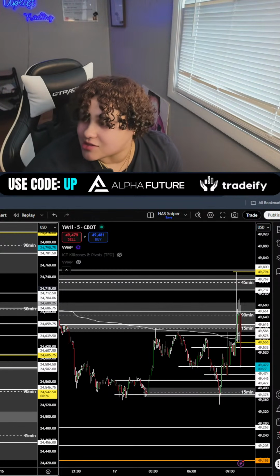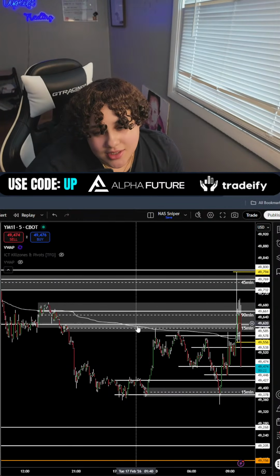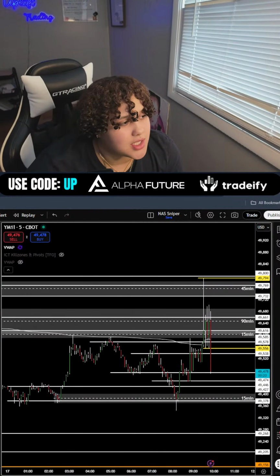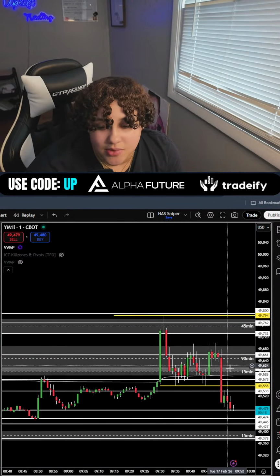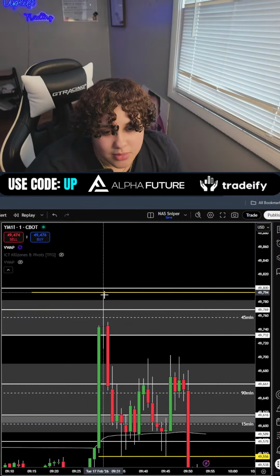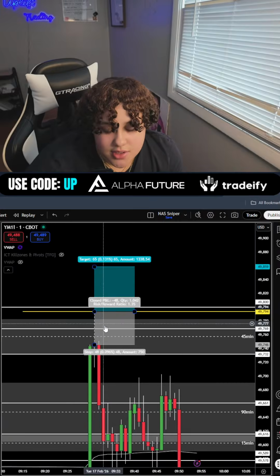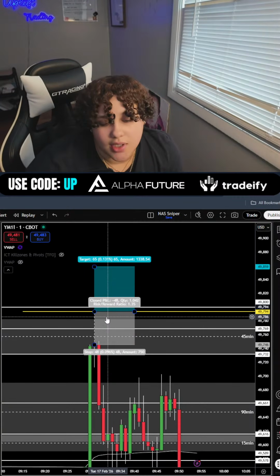Did I already take a trade? I took a couple. I took one loss and then two wins. Two really good wins. I literally went long here on US 30. This was my first trade. It was a trade that I should not have taken because I should have waited for this 1 minute candle to close. But I didn't wait.